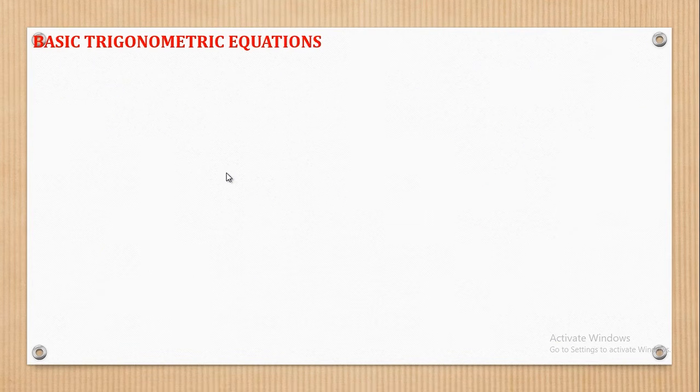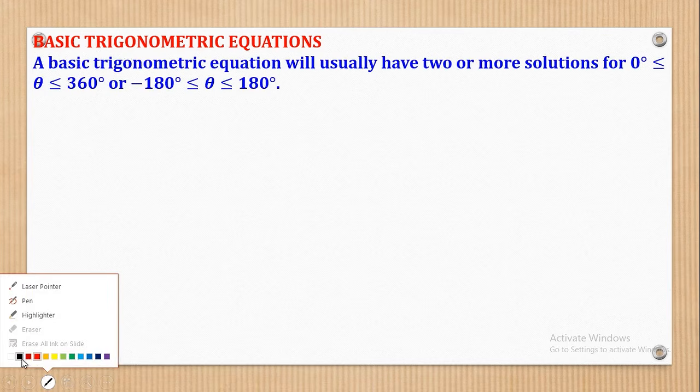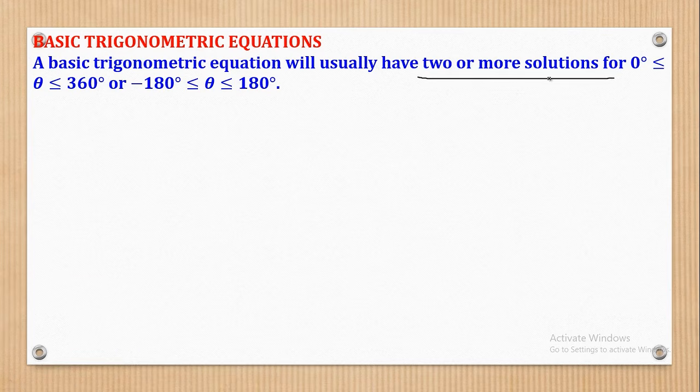So you have seen positive and negative angles, and also how to convert from degrees to radians. Now we shall go to another heading, which is basic trigonometric equations. A basic trigonometric equation will usually have two or more solutions, that is, values of theta ranging from 0 degrees to 360 degrees, or values of theta ranging from negative 180 degrees to 180 degrees.